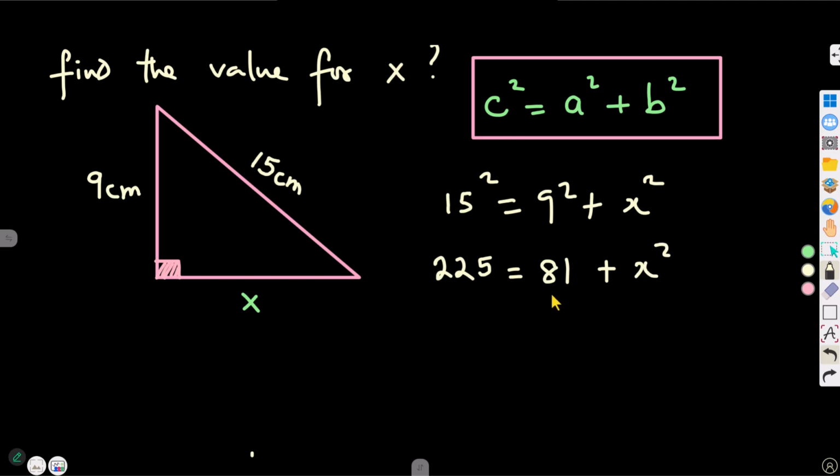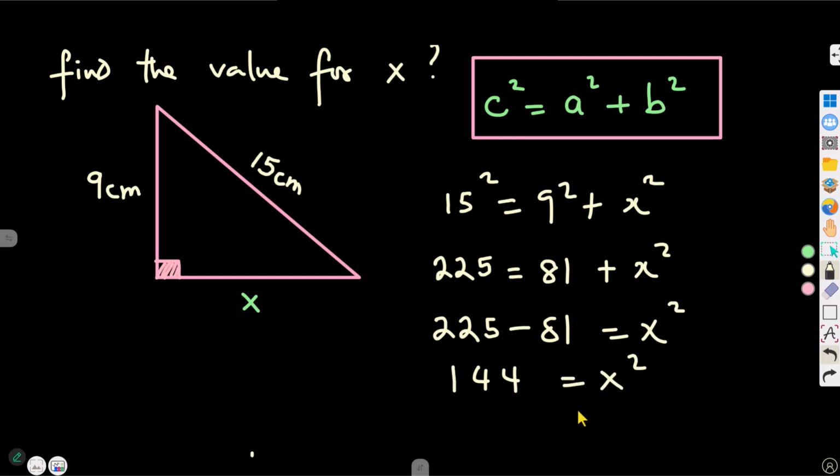From here, you subtract 81 from both sides, so we have 225 take away 81 is equal to x squared. And if you take away this, you definitely have 144, equal to x squared. To get x, you square root both sides.